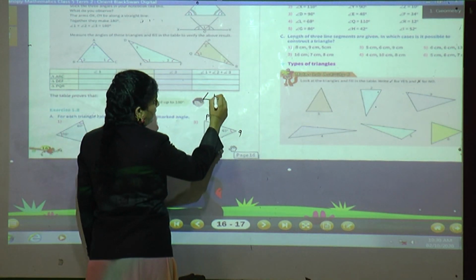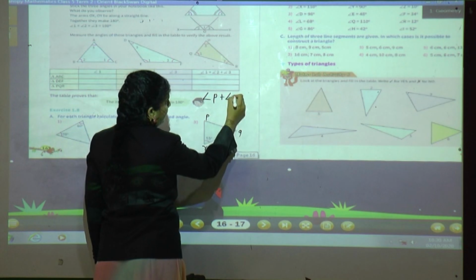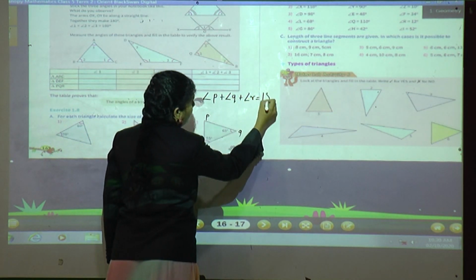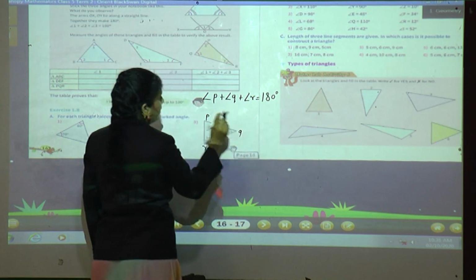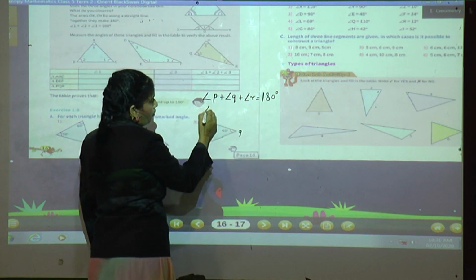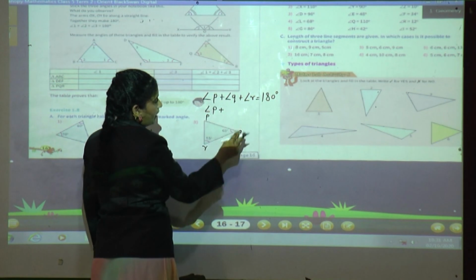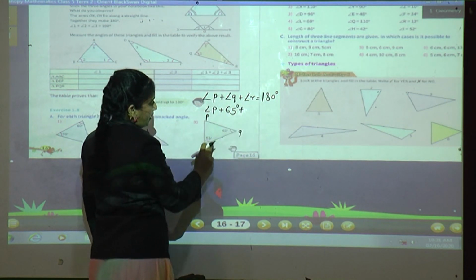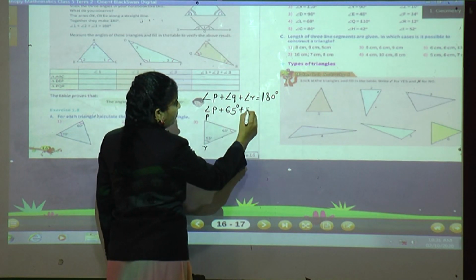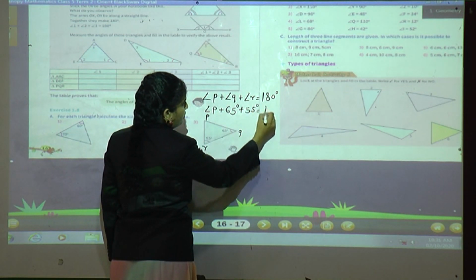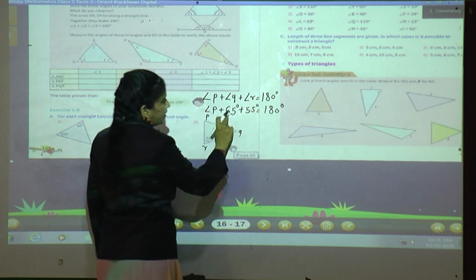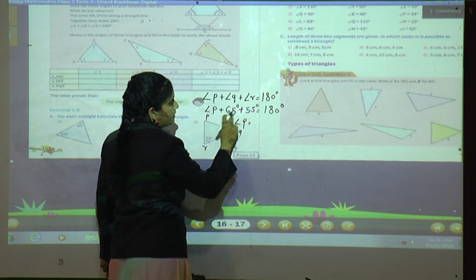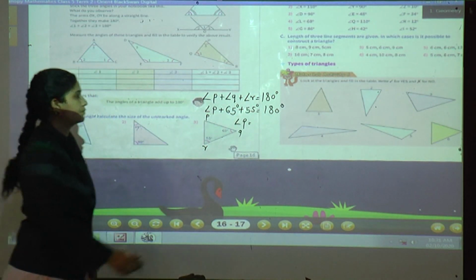Angle P plus angle Q plus angle R is equal to 180 degree. Now we don't know angle P. Q is equal to 65 degree and angle R is equal to 55 degree. So just add these two. 65 plus 55.